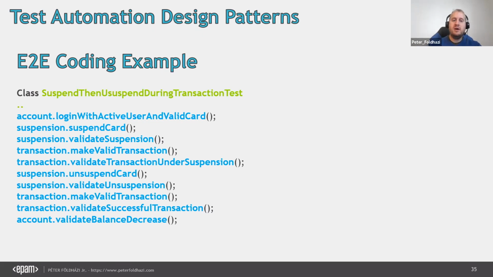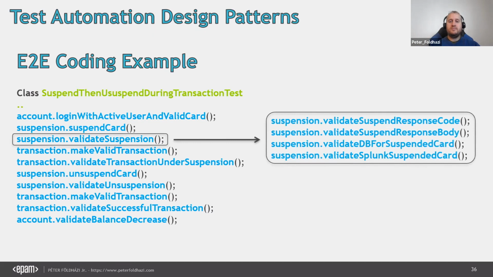Okay, so you could see that if you read through this, it's very easy to understand the whole test case and what's the business value that we are bringing with this test case. But actually, there are more steps within some of these methods. For example, when you validate the suspension, you want to validate the response code and the party itself.